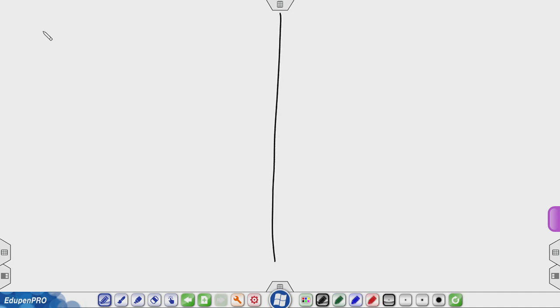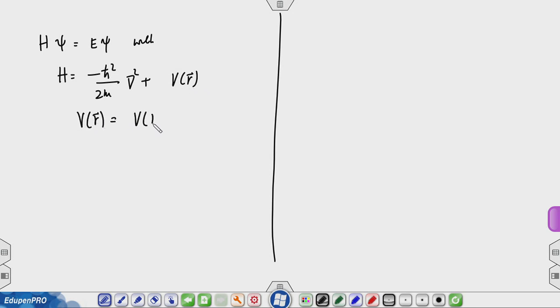So, let me just summarize. H psi equals E psi with H equals minus h cross square over 2m del square plus V of r, and V of r is periodic with the lattice vector.